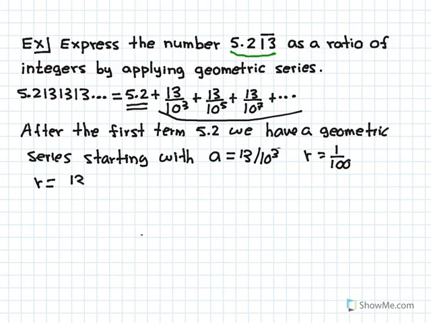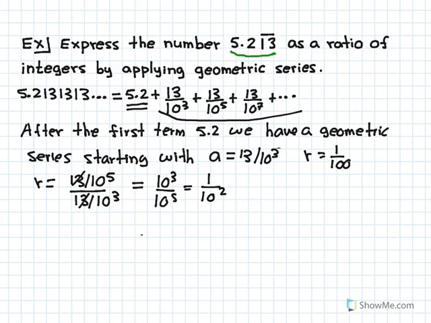So 13 divided by 10 to the 5 divided by 13 divided by 10 cubed. And if we simplify this, 13 cancels with 13. We get 10 cubed divided by 10 to the 5. This gives us 1 over 100, or 1 over 10 squared.